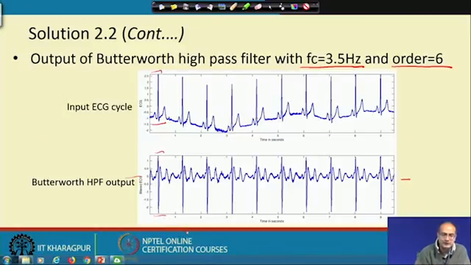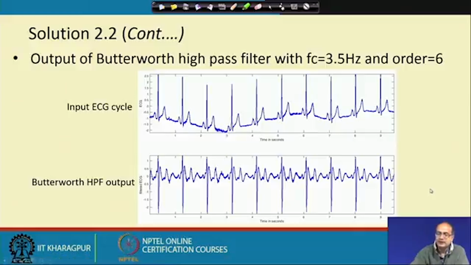Okay, we are unable to find the S point here more clearly. If this is the R, so QRS has actually become as prominent as the R wave in the original, and the T wave is distorted, the P wave is missing. So, certainly it is not a good choice for removing the baseline artifact.